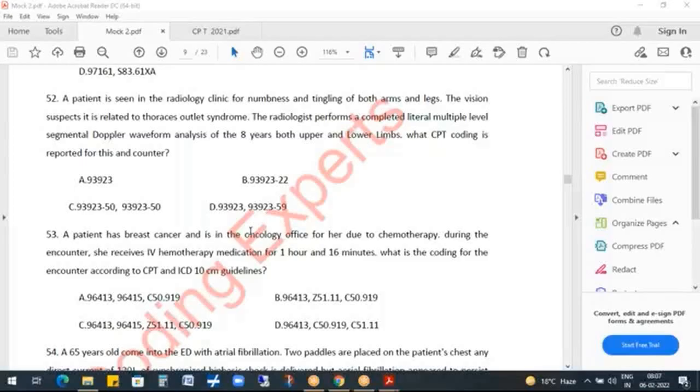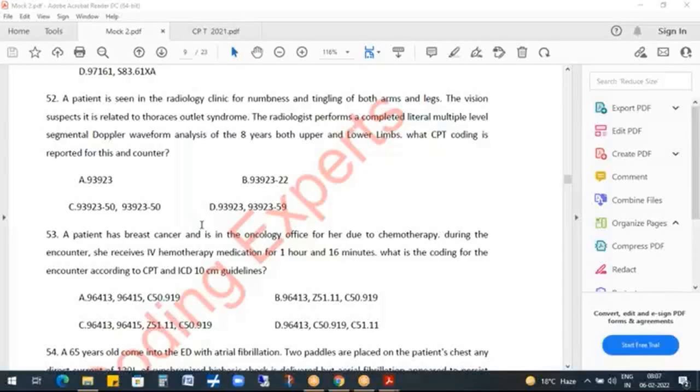Because those are two different parts. But CPT mentions 93923, complete bilateral non-invasive physiological studies of upper or lower extremities arteries. That's why only A is enough, no need to code D. That is your question? Yes, sir.